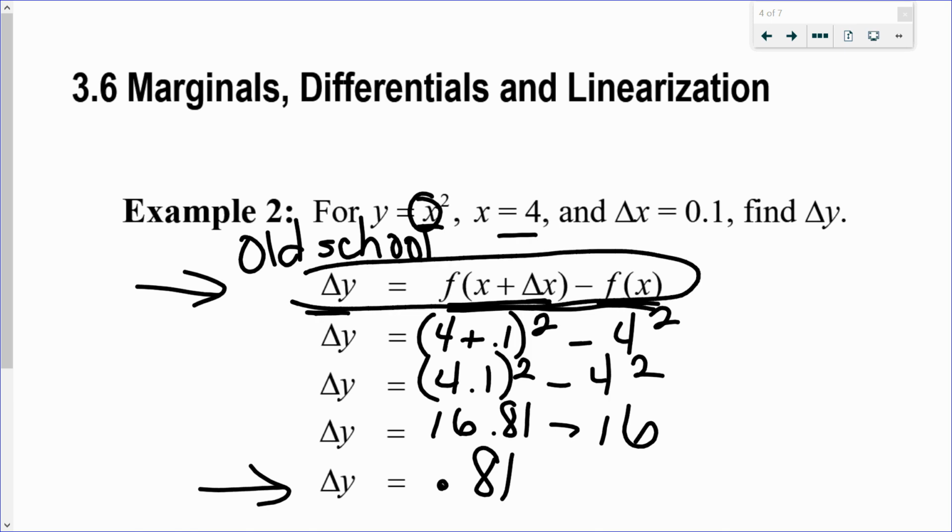Okay, so this is one of the functions that you need to know. Delta y, the change in y, equals f evaluated at x plus delta x, meaning our new x value, minus f of x evaluated at just x. Okay?